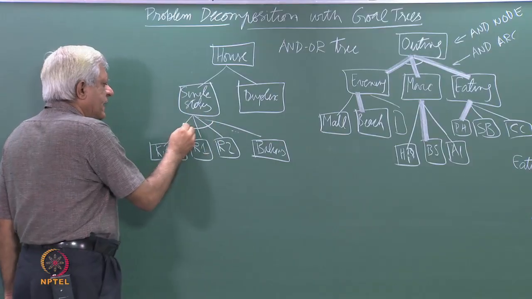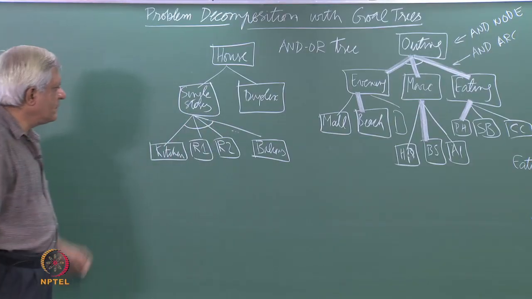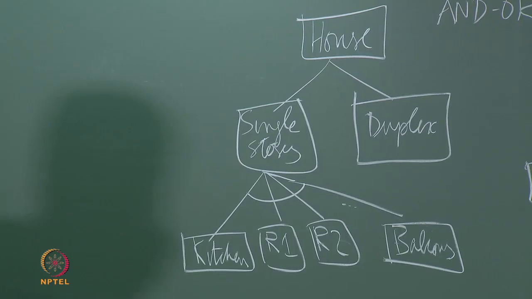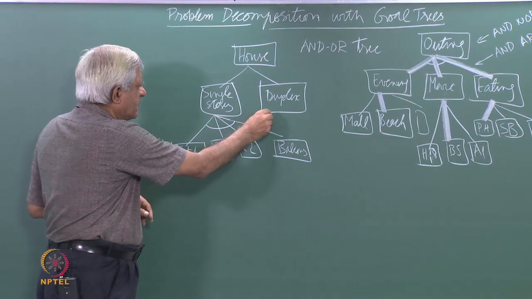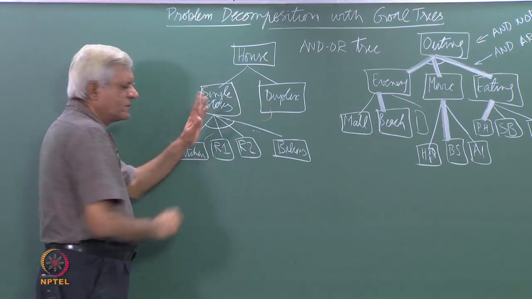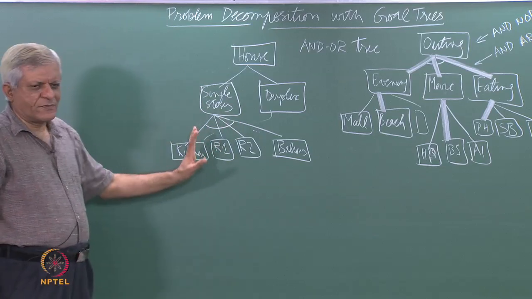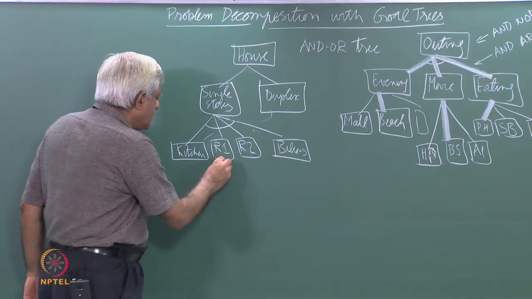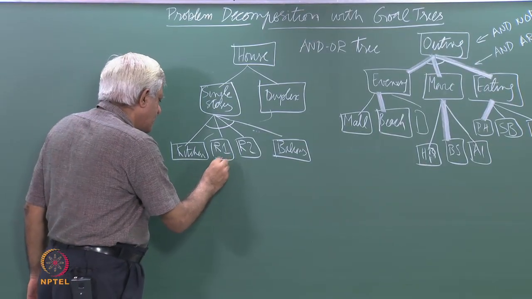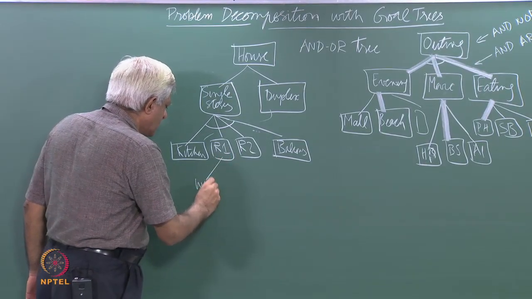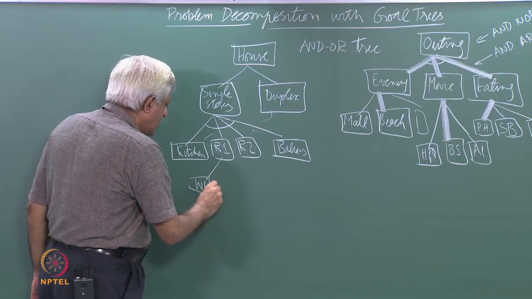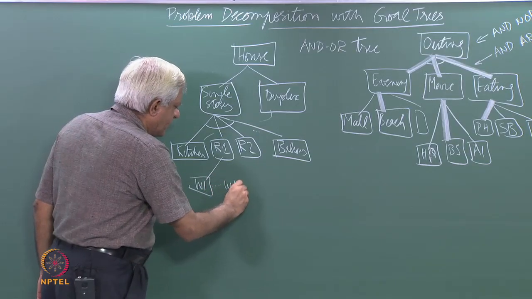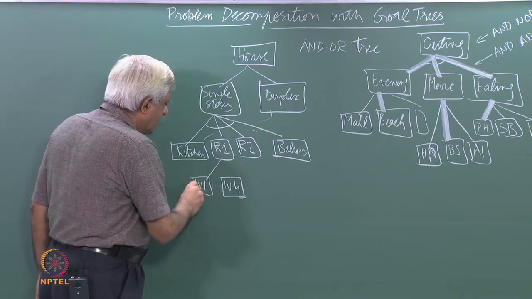Now, this of course would be an AND node here, and I could have edges coming from here. For example, a duplex house also will have a kitchen and so on and so forth. I can always draw it as a graph or I can draw it as a tree, it does not really matter. Then maybe room 1 would say wall 1 up to, let us say we have 4 rooms, rectangular rooms.